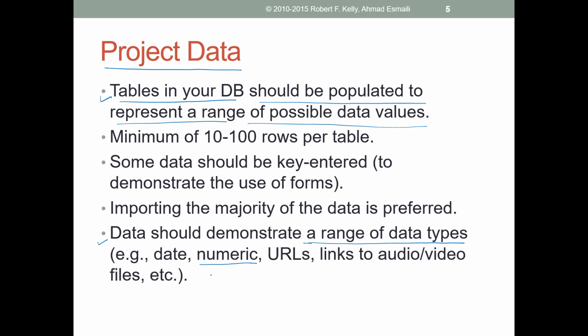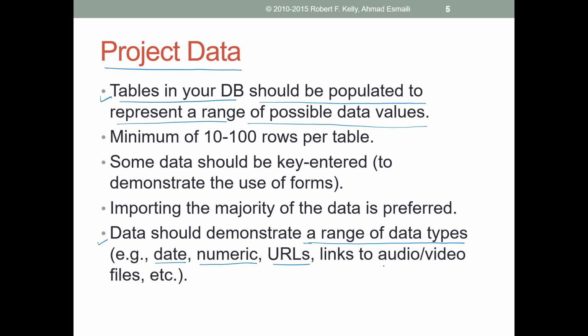But the number of employees in an organization and their average salary are slightly different, because the number of employees is going to be an integer, whereas the average salary could be a decimal value with a few digits after the decimal point. So numeric is the most common data type. We want you to also have date data in your tables, like the date of birth of an employee. You can also use URLs.